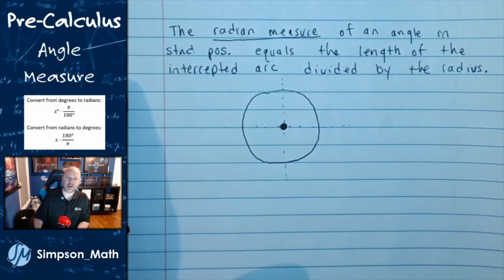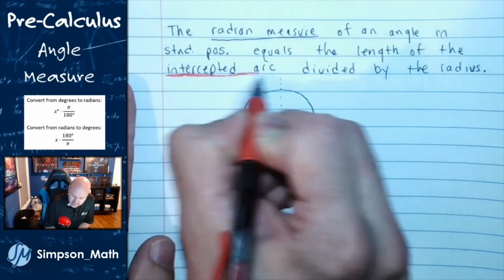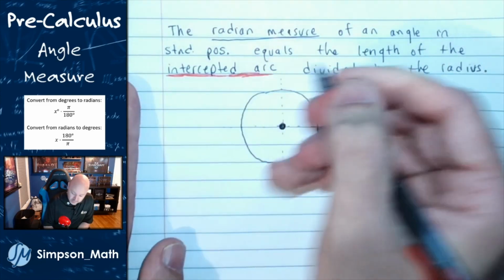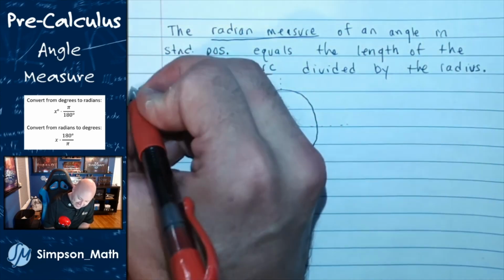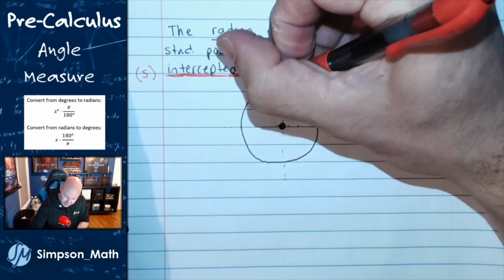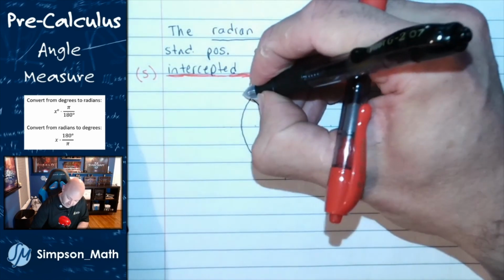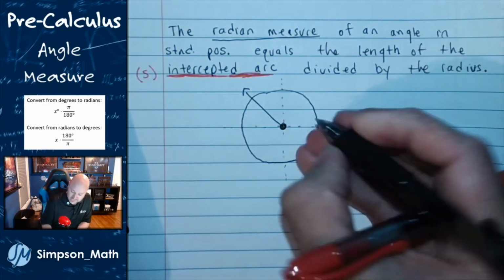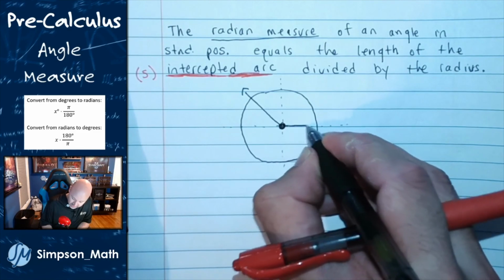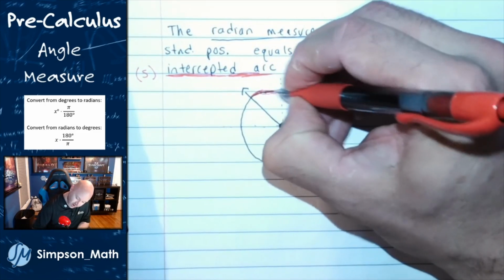Let's put some variables up here. Let's call the intercepted arc, which I'm underlining in red, S. Let me draw a ray over here, of course the initial ray, and we've created this arc.